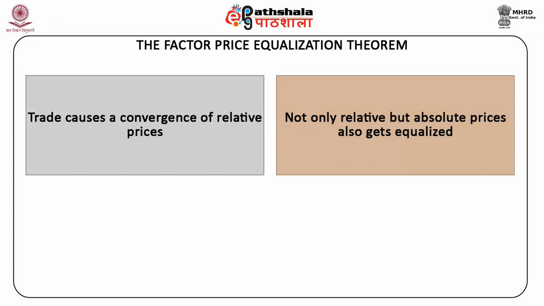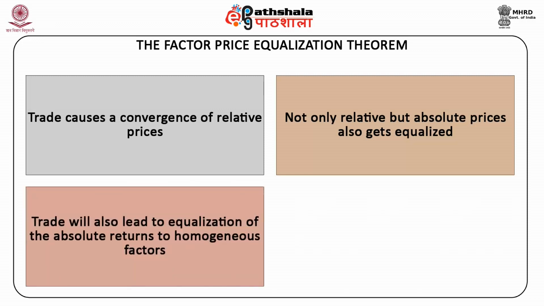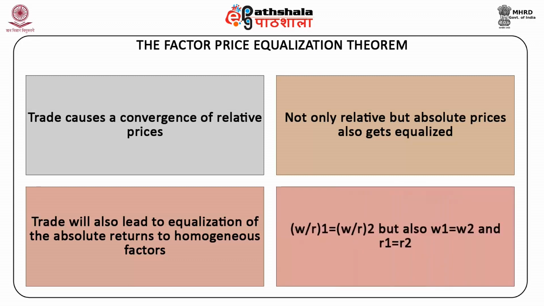Given that trade equalizes relative factor prices, that perfect competition exists in both commodity and factor markets, and that both nations use the same technology and face constant returns to scale, trade will also lead to equalization of the absolute returns to homogeneous factors. Hence, not only is W by R1 equal to W by R2, but also W1 is equal to W2 and R1 is equal to R2.